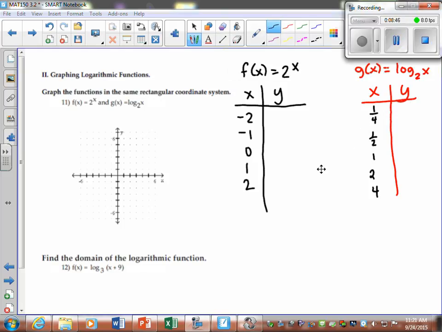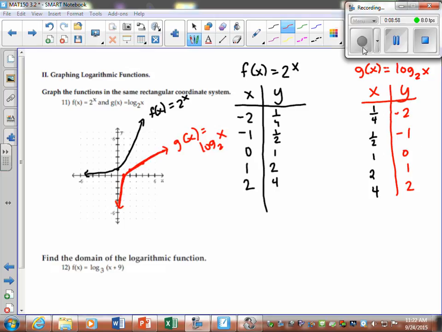Okay, so we get -2, we have 1/4. Okay, so with these values plugged in, we have this, and I just need to go back and graph this function, so I'm going to pause and graph it. Okay, so comparing these two graphs, we can see that they are inverses of one another. And we'll remember back to the inverse section, we said the domain of f of x is equal to the range of f inverse of x.